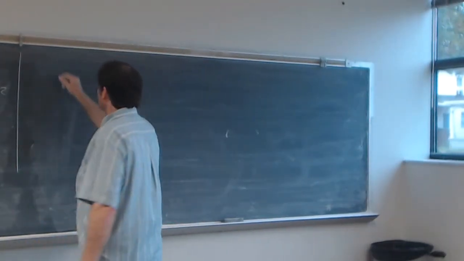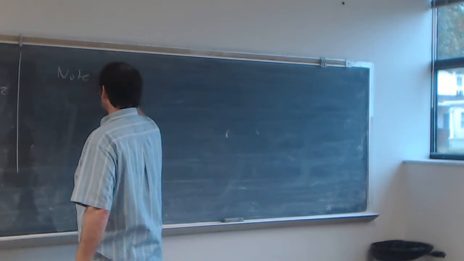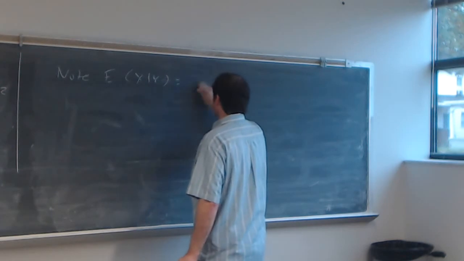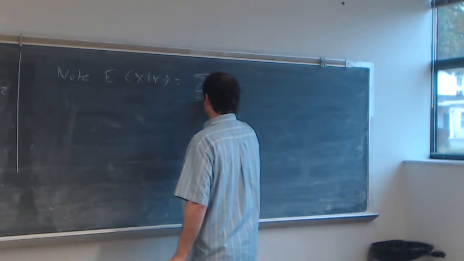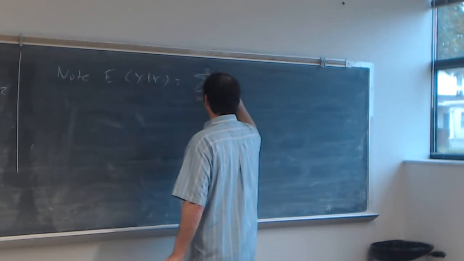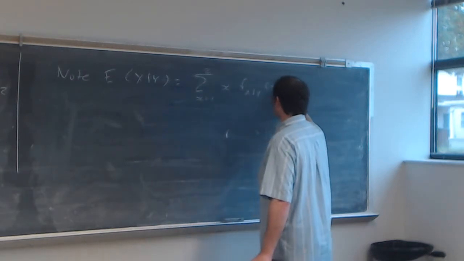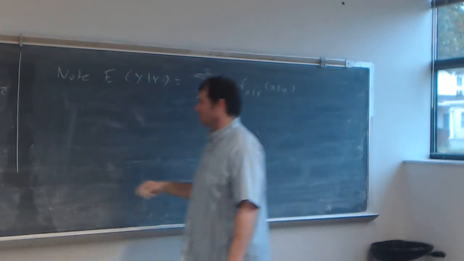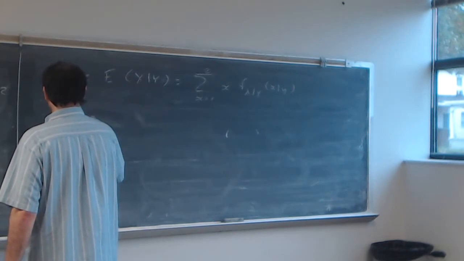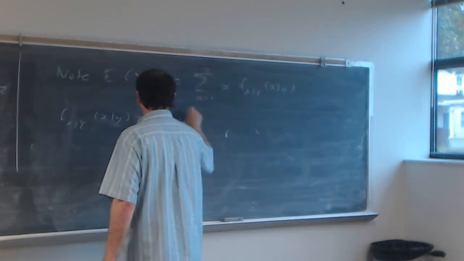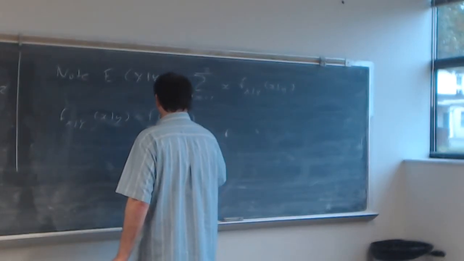We probably did some of this work already, but note the expected value of X given Y is equal to the sum over the x values, 1 to 2, of x times f of x given y. For this part, f of x given y is equal to f of x comma y over f sub y of y.